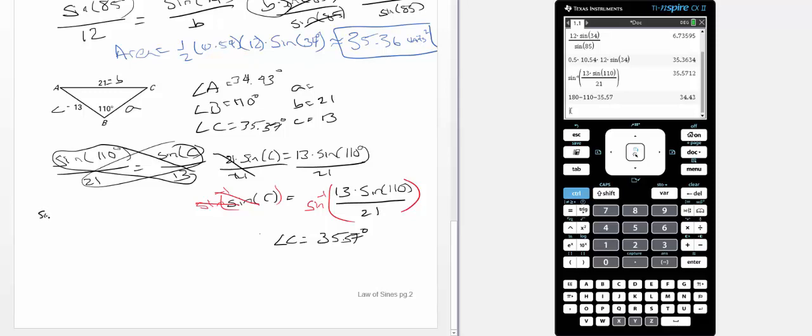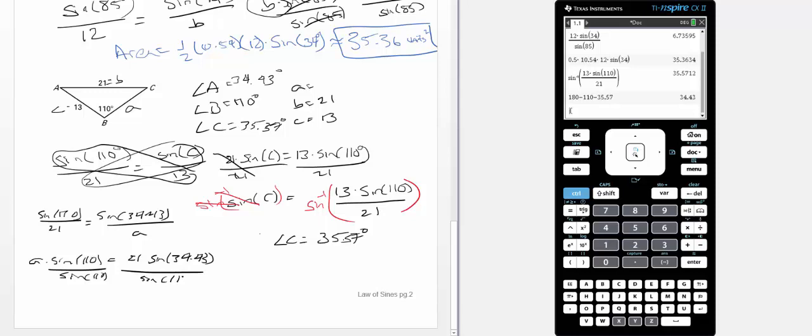So I know that sine of B over B is equal to sine of A over whatever A is. Cross multiply, A times sine of 110 equals 21 times sine of 34.43. Divide by whatever the sine of 110 is. And little a is equal to this fraction.